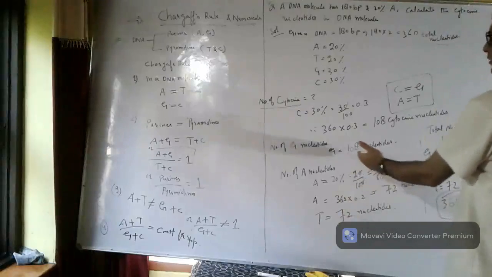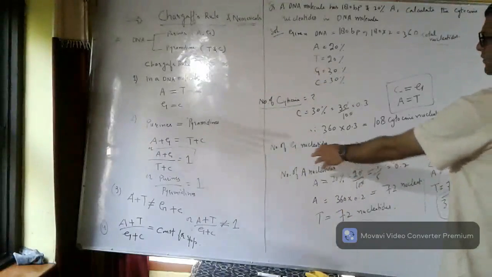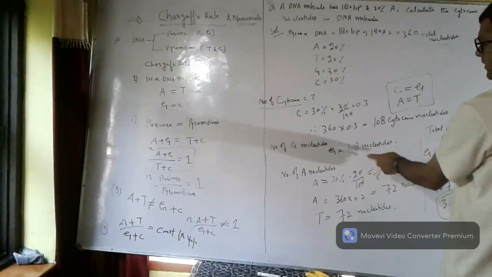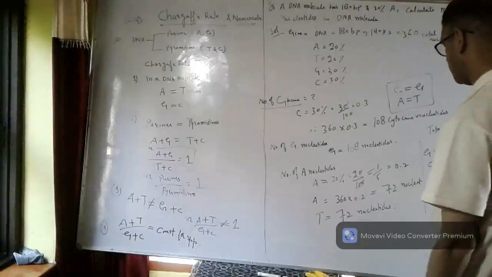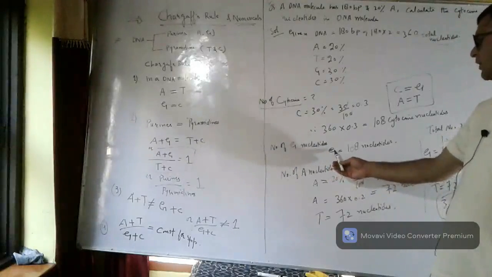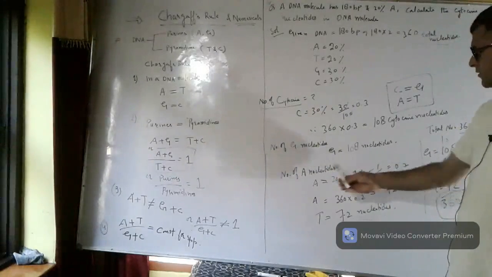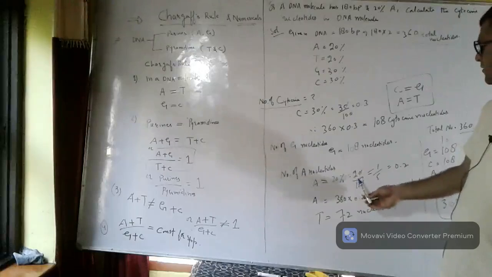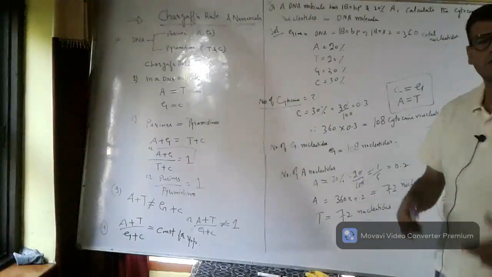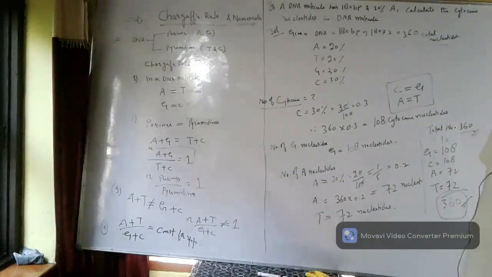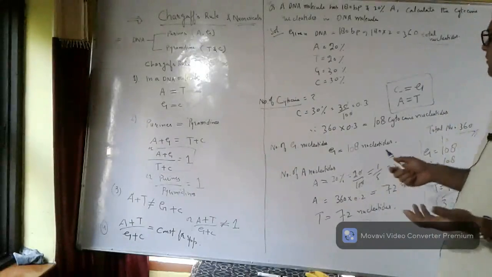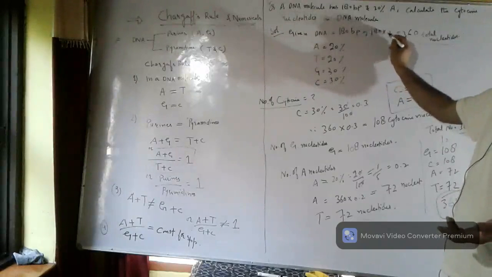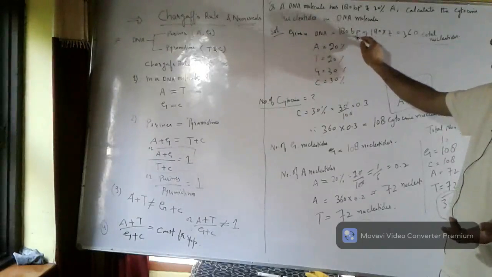Then we can also calculate the number of nucleotides. The number of guanine nucleotides is 108, and the number of cytosine would also be 108 nucleotides. From the percentage we can calculate the number of nucleotides if we know the total nucleotides. Why have I used the 180 into 2? Because these are base pairs.